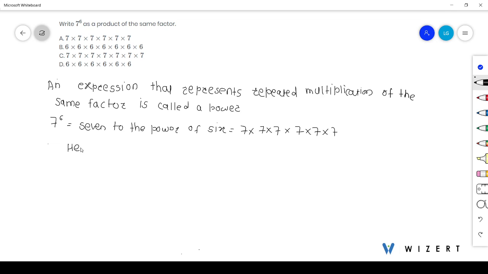Hence our correct option is: 7 to the power 6 as a product of the same factor is 7 6 times.